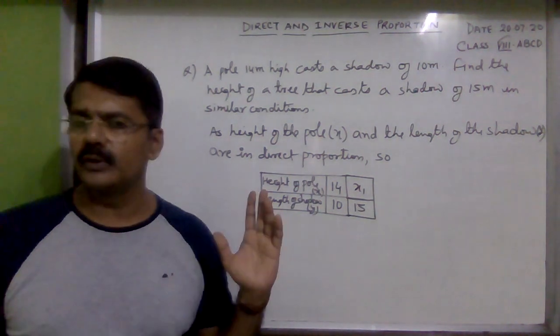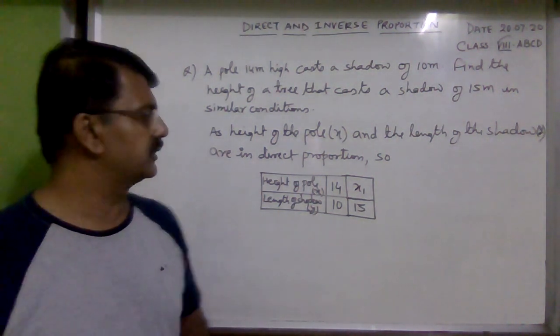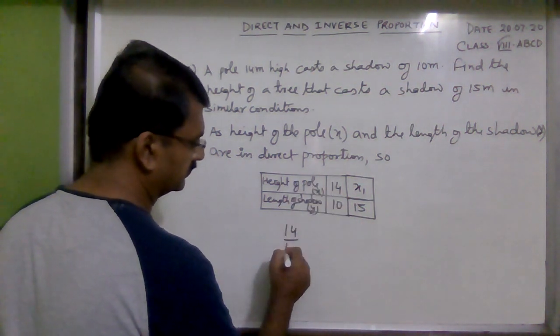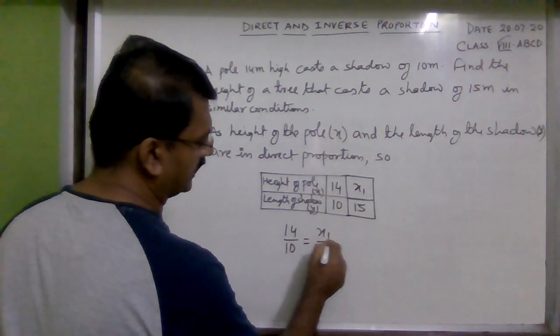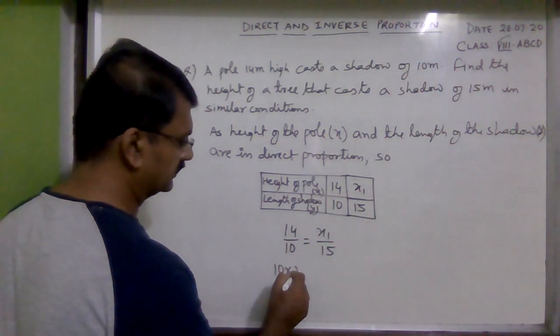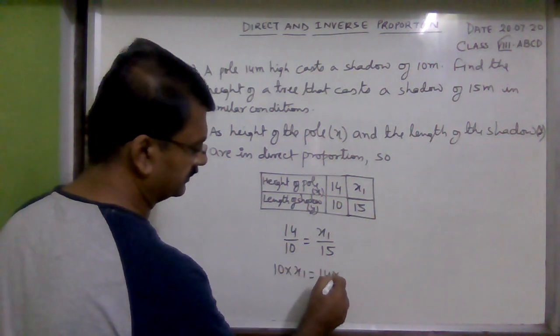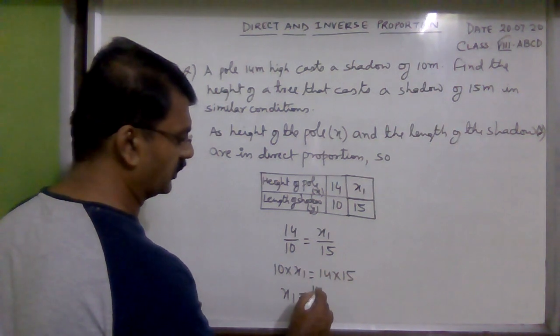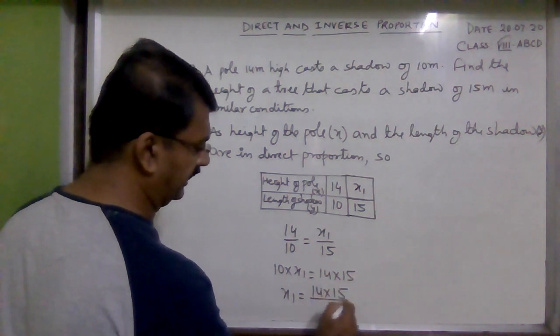Now as I have told you that they are in direct proportion, so we can say 14 upon 10 is equal to x1 upon 15. If you cross multiply like this, so x1 will be equal to 14 into 15 upon 10.